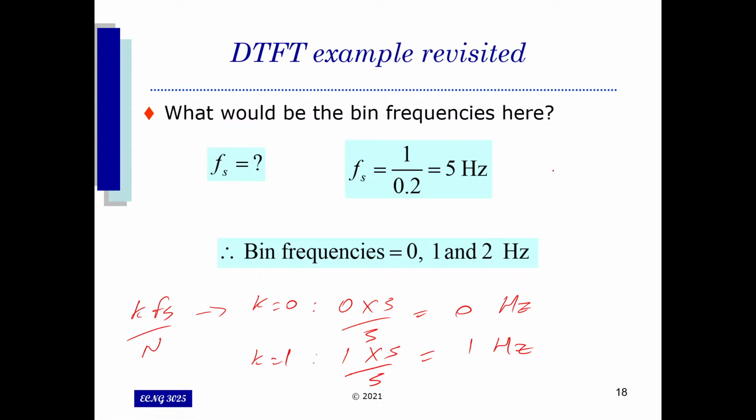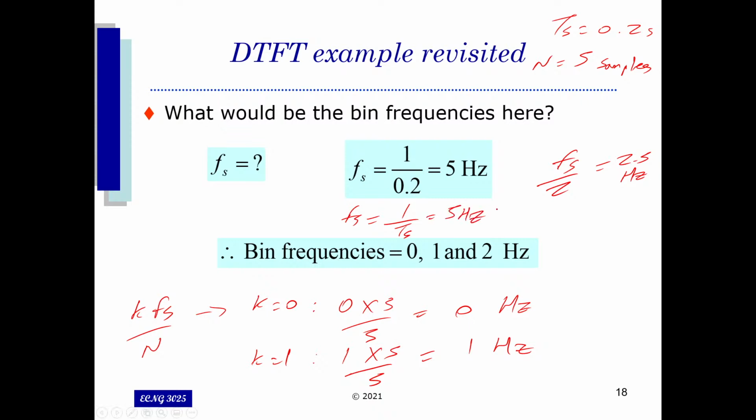The maximum frequency bin will be f_s divided by 2 with 2.5 Hz. And our T_s here was 0.2 seconds. Capital N here is equal to 5 samples. And this f_s equation here was basically 1 divided by T_s, which gives us 5 Hz in particular.